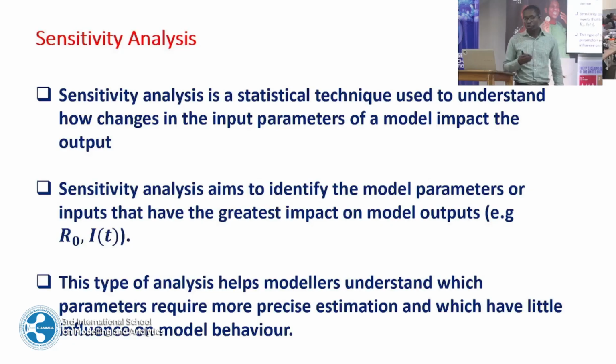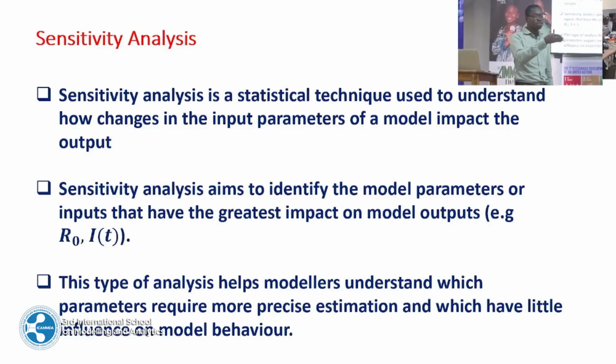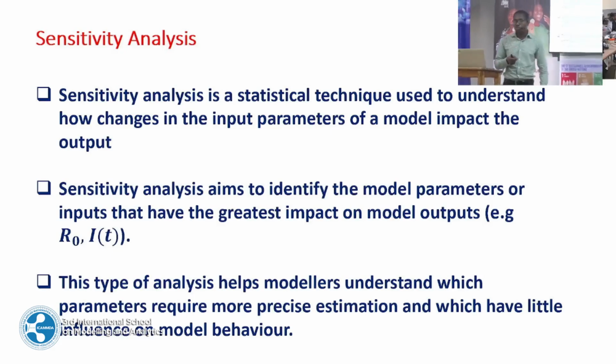So if you carry out sensitivity analysis and get those parameters that are greatly influencing your model output, you know that when carrying out parameter estimation, these are the parameters you need to be careful about and work on to be much more accurate.